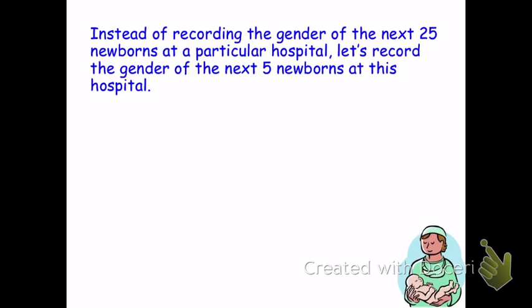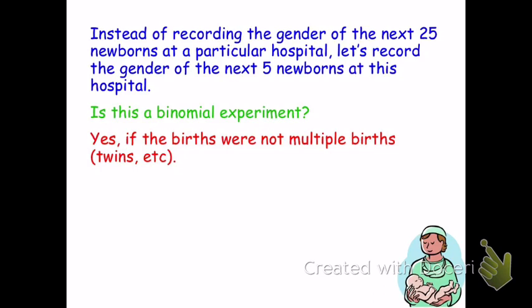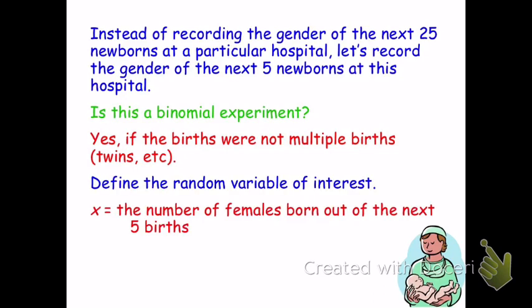Okay, so let's record the gender of the next 5 newborns. Is this binomial? We said yes. X represents the number of females born out of the next 5 births. So we're going to say that successes are females in this example, and we have 5 trials, 5 children.